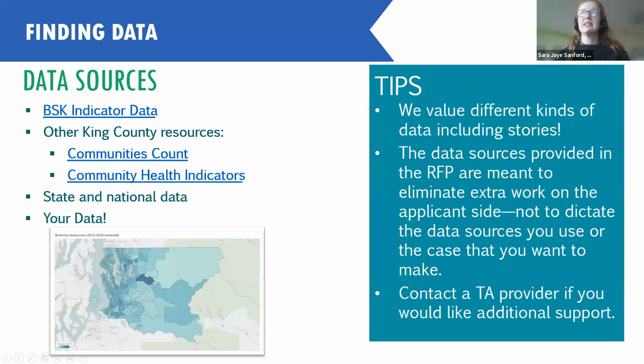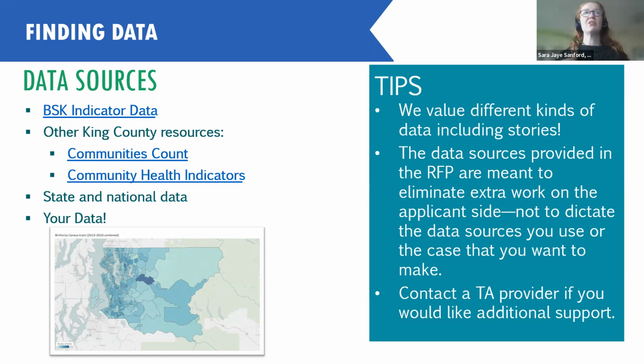I see a question in the chat. Sorry if I missed it earlier. What are the specific criteria to apply? Eligibility. Each RFP will have specific eligibility criteria listed. So they can be a little bit different sometimes as far as nonprofits, or can it be a for-profit organization, partnerships, that kind of thing.